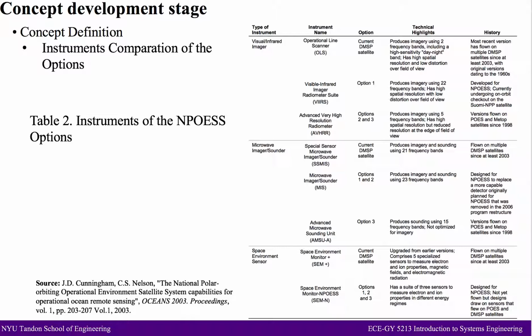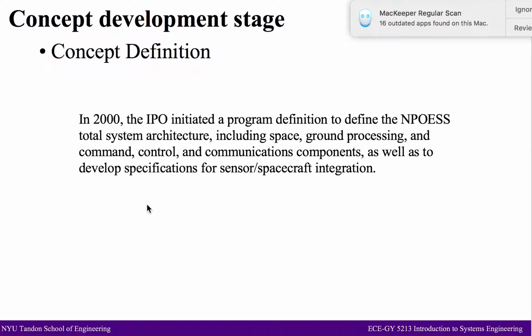Now with the consideration of all the technical and financial aspects that we have discussed, the IPO initiates a program definition to define the endpoint's total system architecture, including space, ground processing, and command, control, and communication components, as well as to develop specifications for sensors and spacecraft integration.